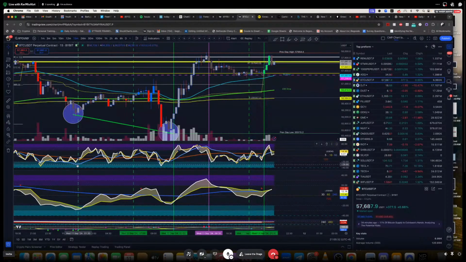Once the 30 comes down to minus 30 and starts to curl up, I'm always going to be very interested, especially since we had a bull div here. I won't draw that because I don't want to create too much disturbance on the chart. But as you can see, from here to here, price came down hard, and the PAR actually moved up on the 5-10. So as soon as the 30 started to go in the same direction for support, there was your trade. Again, that was 1:30 in the morning. I didn't take that.